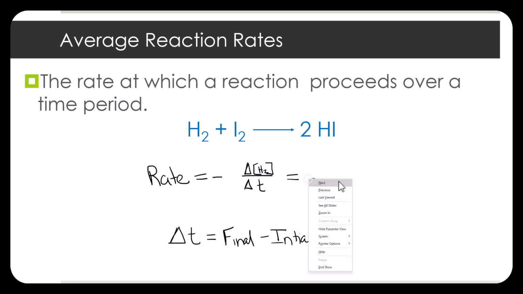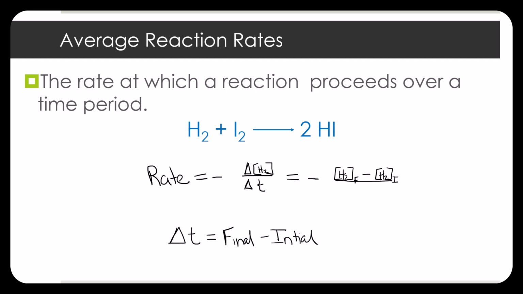So how we symbolically represent this would be the following. I'm putting that negative sign there because I'm just transferring it. And we would look at the concentration of hydrogen at some final time minus the concentration of hydrogen at some initial time. Some textbooks use 1 and 2, whatever works for you.